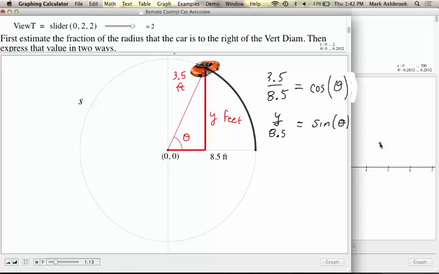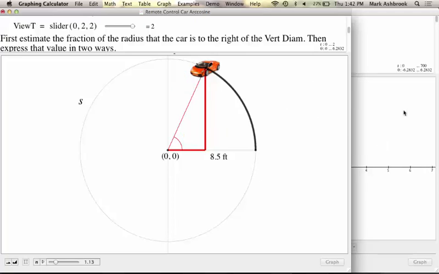Questions? Does it make sense? Basic definitions. This is the basics of trig right here. Any questions? Oh, I'm sorry. Go ahead. Estimate. So we're estimating what fraction of the radius the car is above the horizontal diameter.